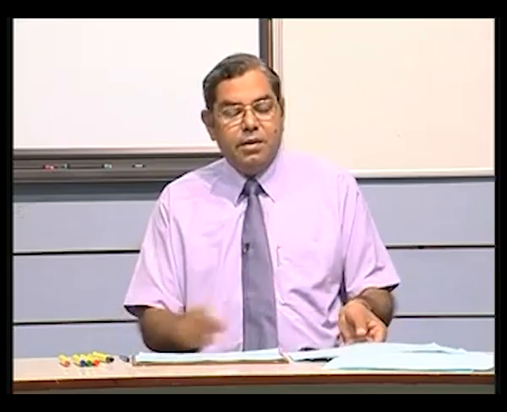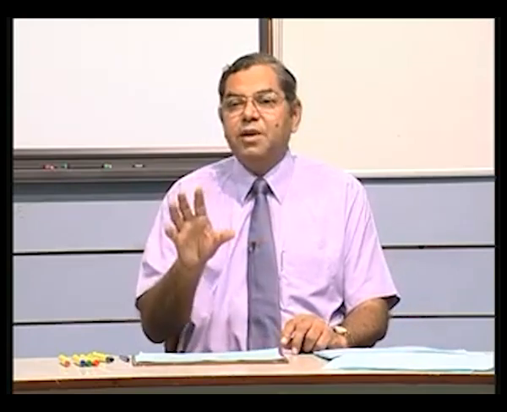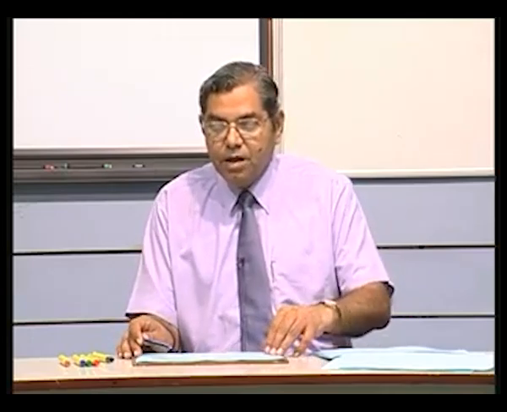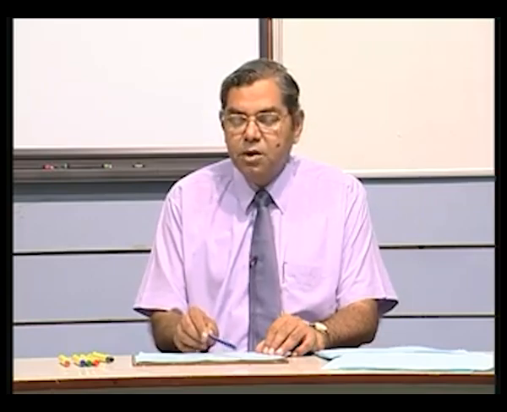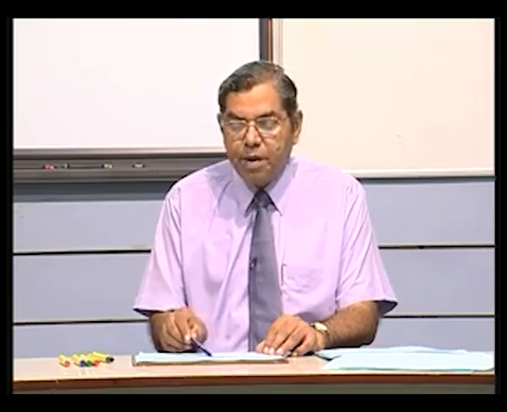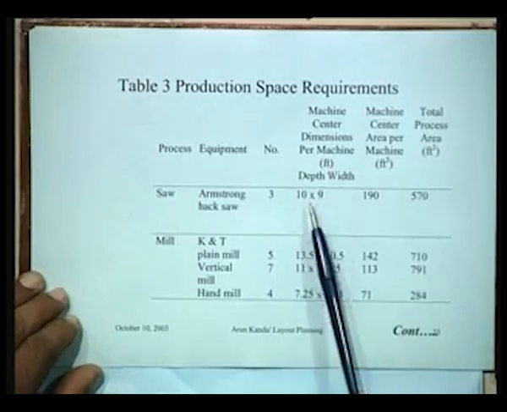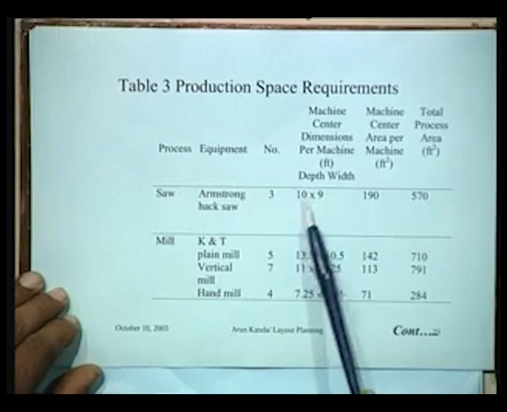Now here we had assumed that the same size was there for each department, but you have to calculate the space requirements of each department. So how will we do that? For different departments, say if this is the saw department, you know that it houses this equipment, the Armstrong hacksaw, and there are 3 of these. The machine center dimensions for each of these in feet is 10 by 9.